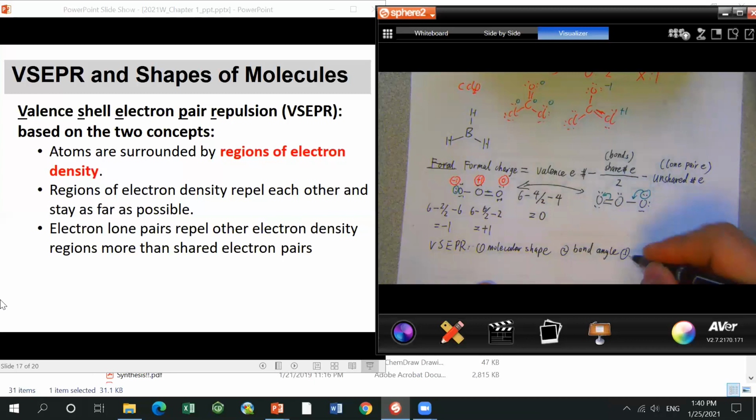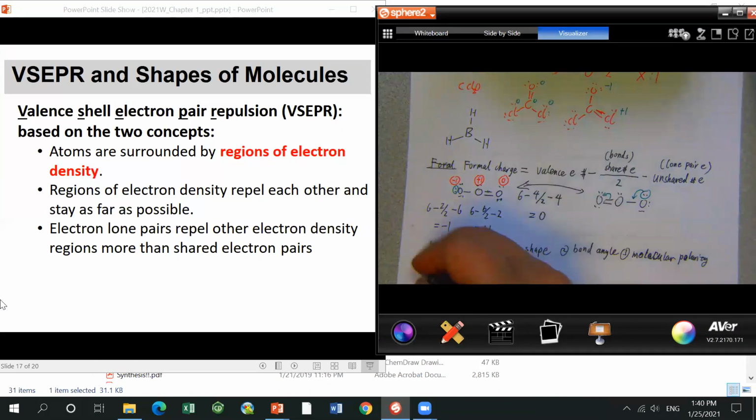In that case it helps you predict molecular polarity, that is, whether there is a dipole moment for the whole molecule. For VSEPR theory, the first step is to count how many regions of electron density there are around the individual atom. So what are regions of electron density?